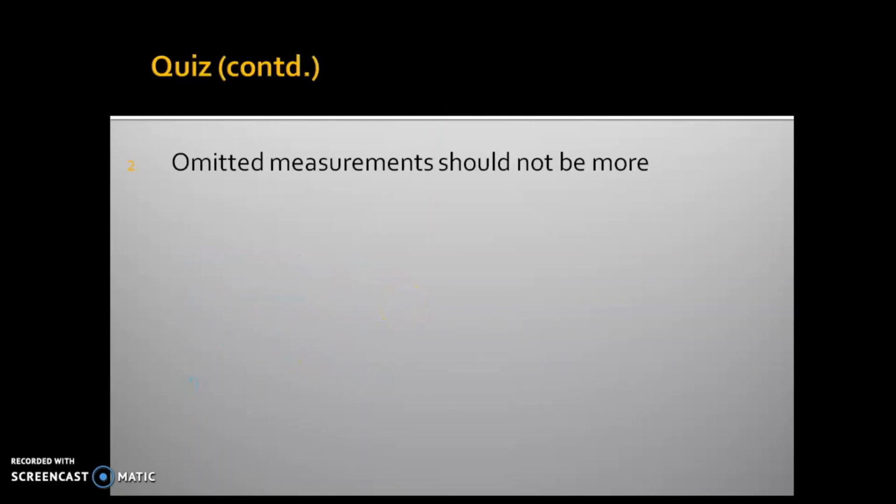Next. The omitted measurements should not be more than 2. Yes or no? Yes, of course. If it is more than 2, then you have to rerun the survey, meaning the closed traverse is to be redone, because only up to 2 omitted measurements can be calculated.